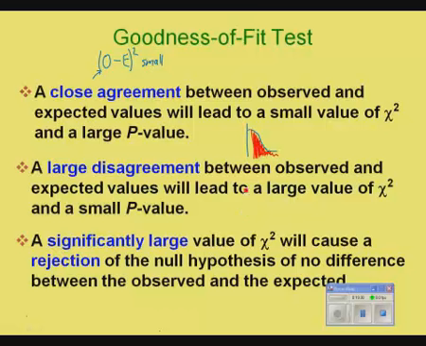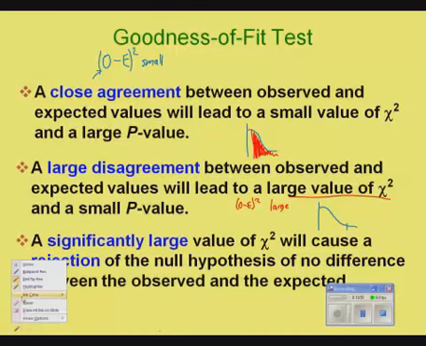So then, if you have a large disagreement, if O minus E squared is large, then chi squared is large. But what does that mean on the picture? Well, here's the distribution. If chi squared is really large, what's the p-value going to be? The p-value is going to be small.